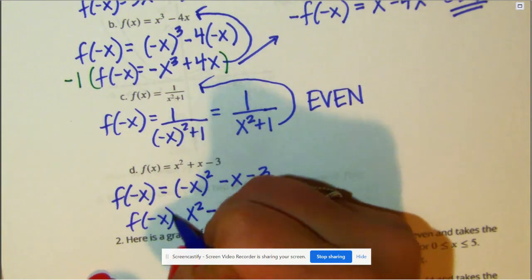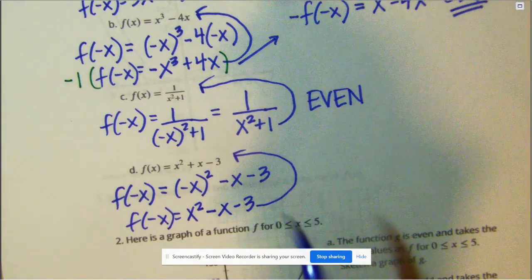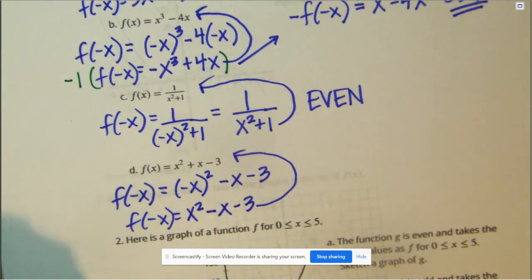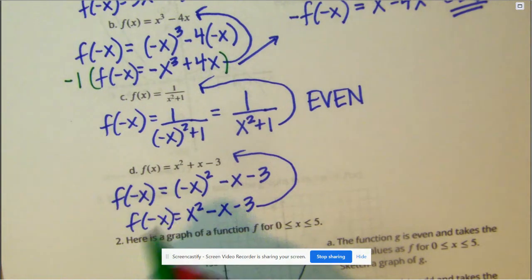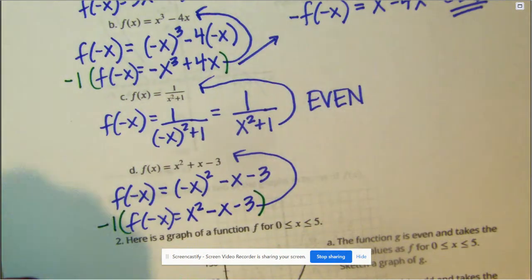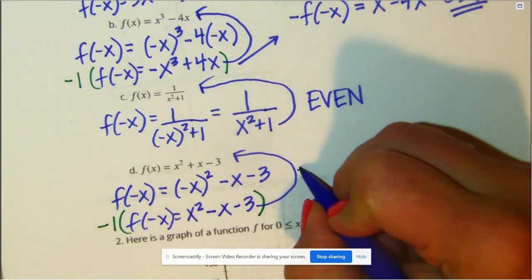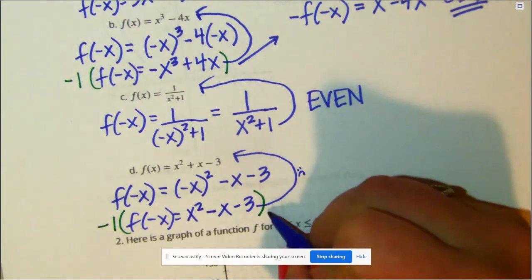Is f of negative x the same as f of x? No. So now I'm going to continue on to see if it's odd. To see if it's odd, I need the negative of this. So I'm going to multiply the entire thing by negative 1. So I'll put no on that. So here we go.